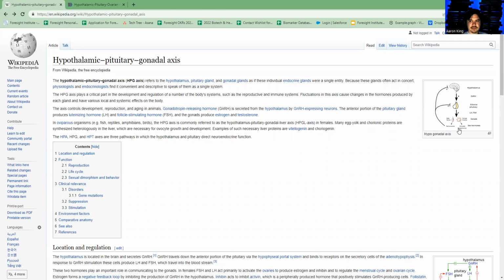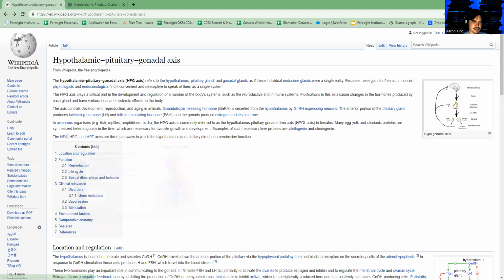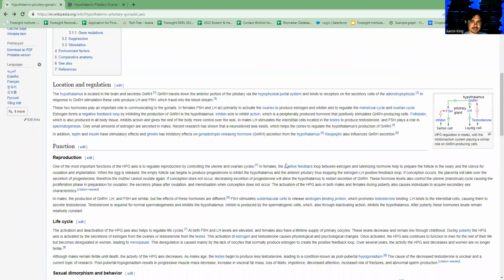If the ovarian or testes aging affects these pieces because they're acting together, then it's also going to affect anything that those things are affecting. So the thyroid and adrenal systems.